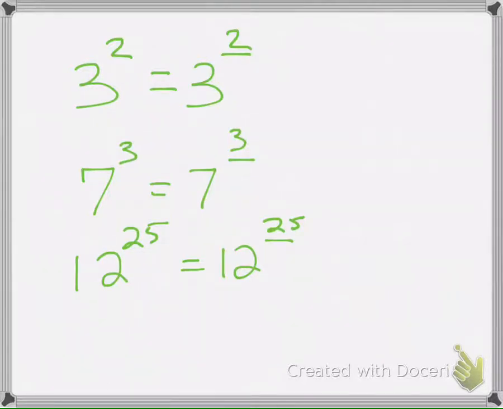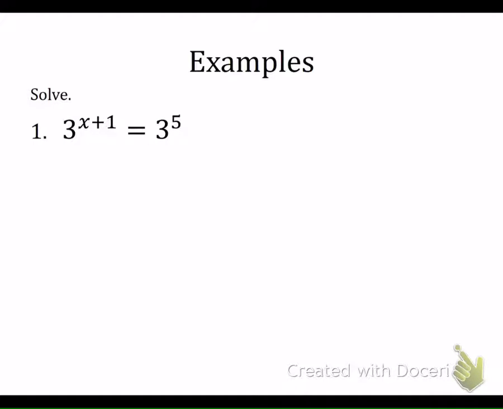Okay, let's go back to the notes. So right now, the base is the same. So what do I need the exponents to be? The same, right? They have to be the same. So I am going to solve this equation. What would make those exponents equal?